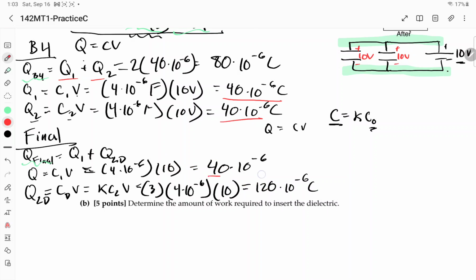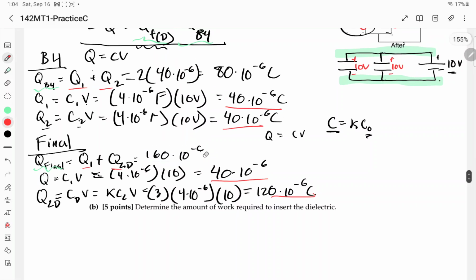Again, this is not what we want. We want the final. So put them back in here, add them up. What you have is 40 plus 120, so that equals 160. Yeah, 160 times 10 to the negative 6 coulombs, because I put those back from here.